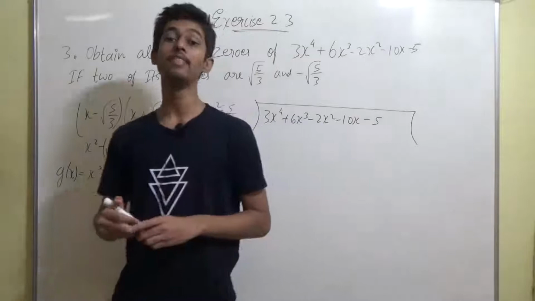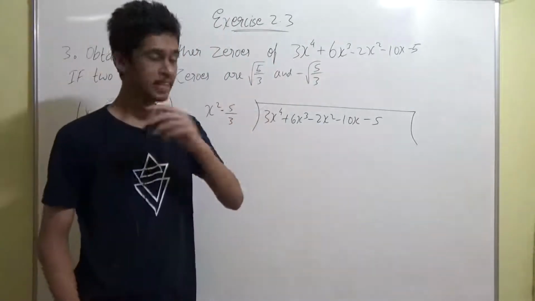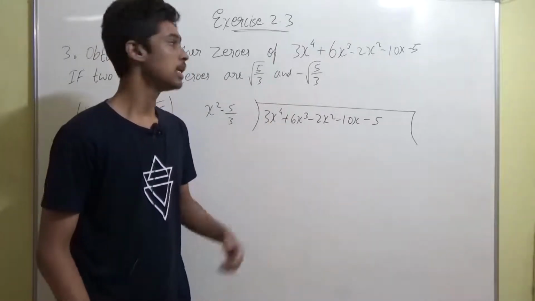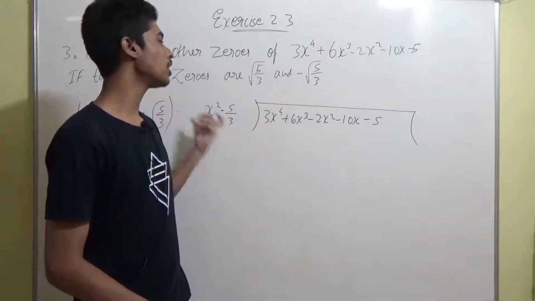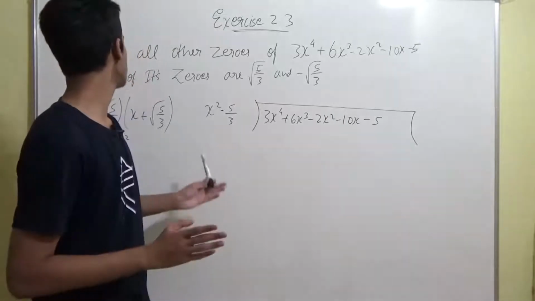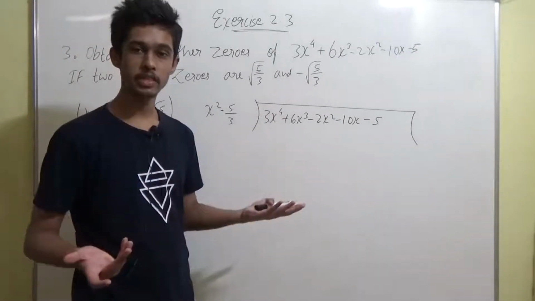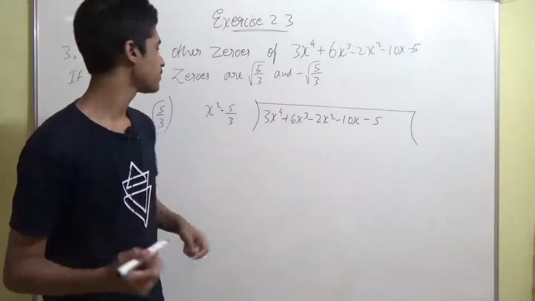As I said, that quotient is going to give you the other two zeros of the polynomial. In the question they have given you two zeros, and you have to find the other two zeros. Without the division we are not going to get the quotient.